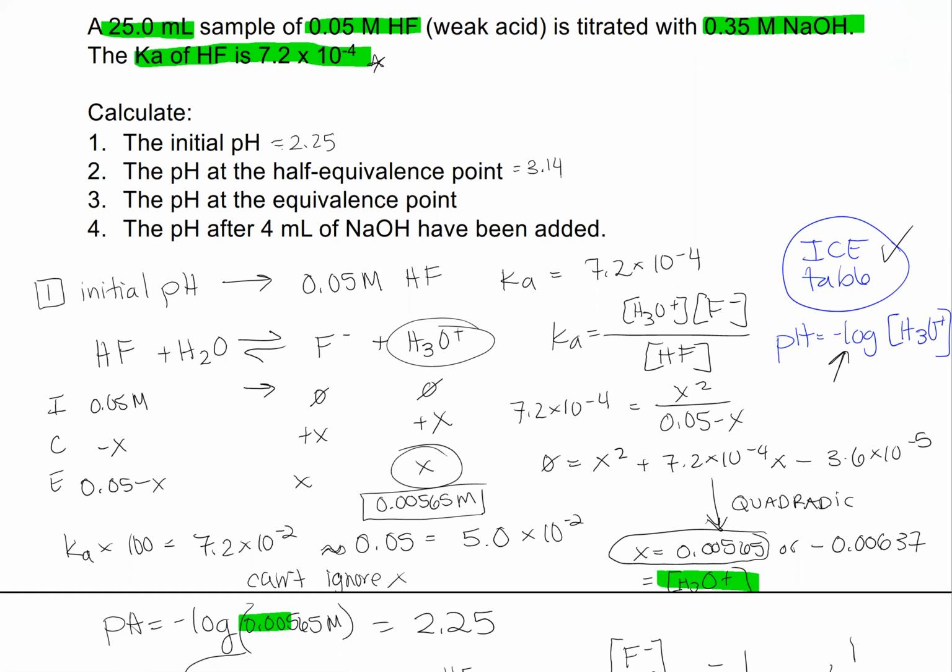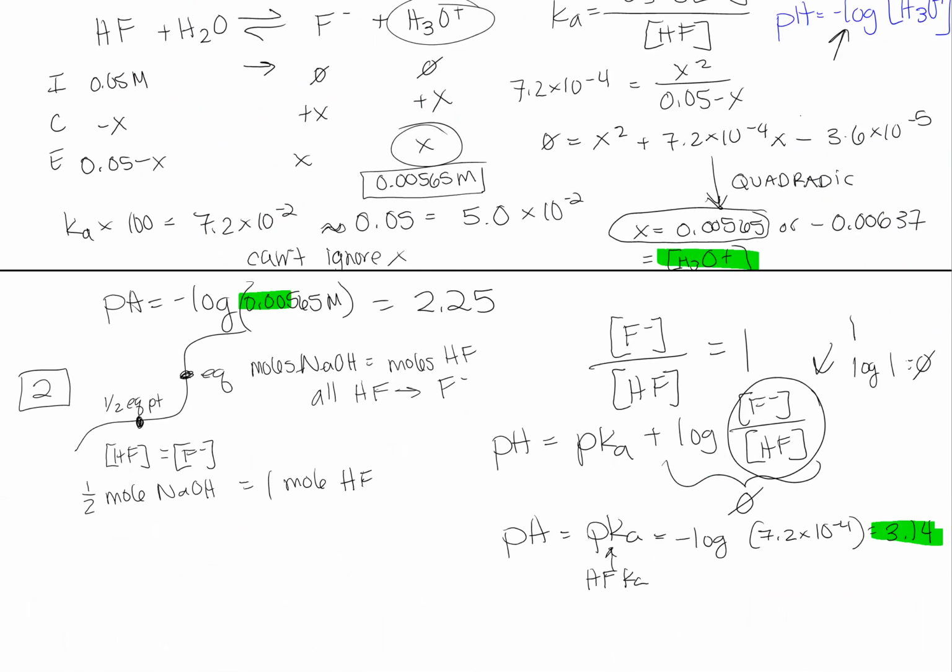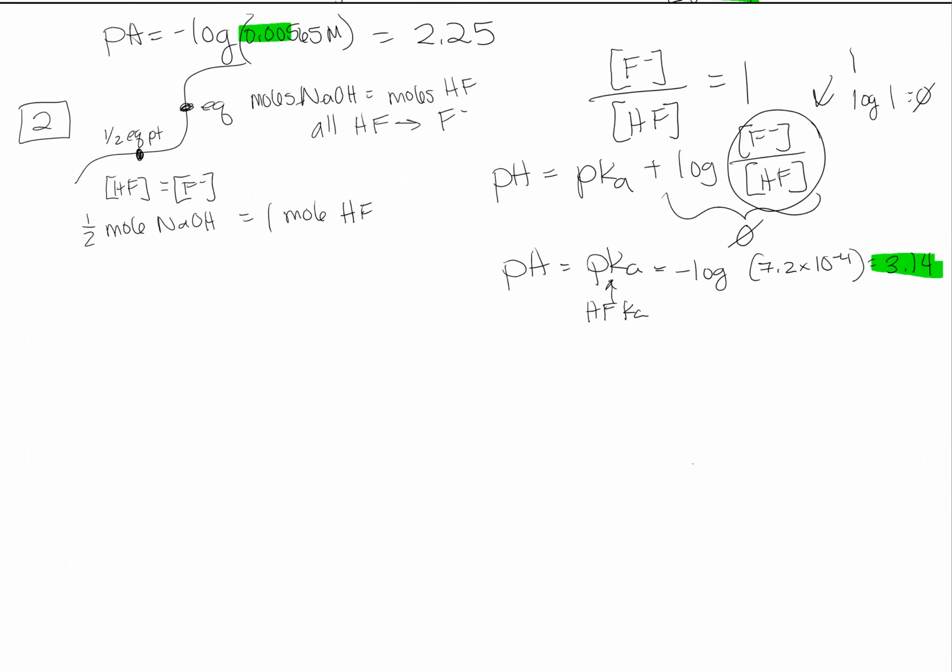All right, so now let's review that pH at the equivalence point for number 3. So again, what we're looking at now is that point right here where the moles of NaOH equals the moles of hydrofluoric acid added.